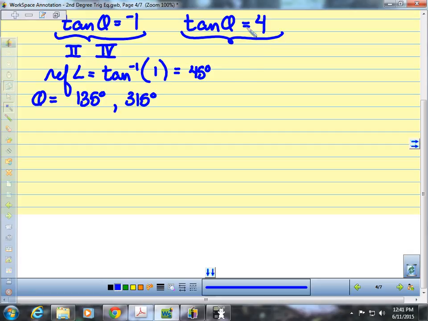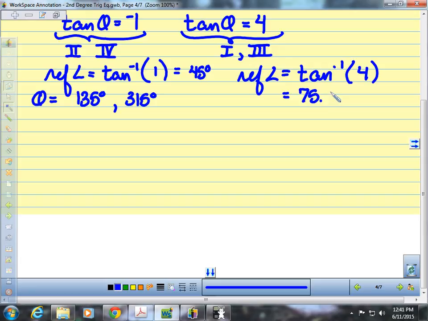Where is tangent positive? First and third. How are we going to find the reference angle again? Inverse tangent of 4. This one you don't know. 75 point, keep going.